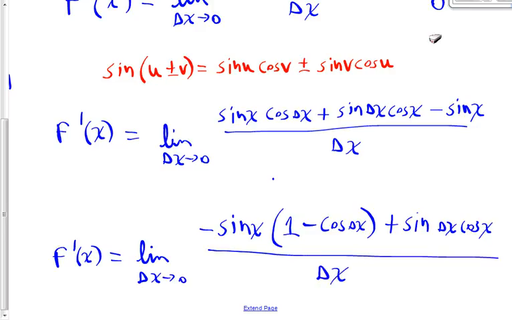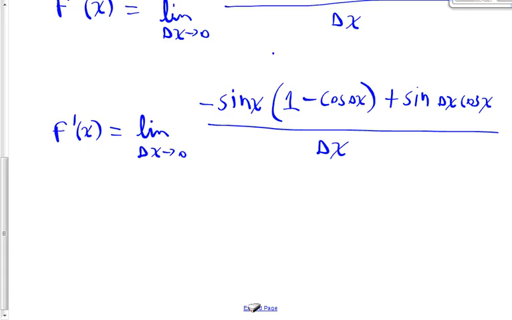So what I've done, I see that there's a common factor sine x here and here. So I factored out a negative sine of x. It leaves the only factor for this term being 1, and it leaves the only factor for this term, negative cosine delta x. All right, now I'm going to split up this numerator amongst two denominators. Limit as delta x approaches 0.